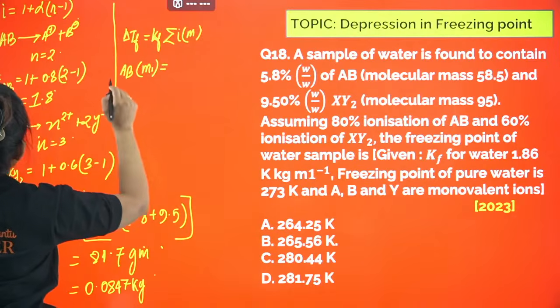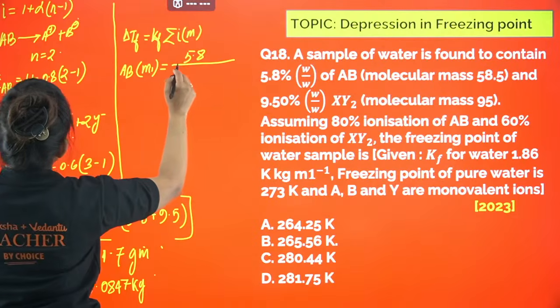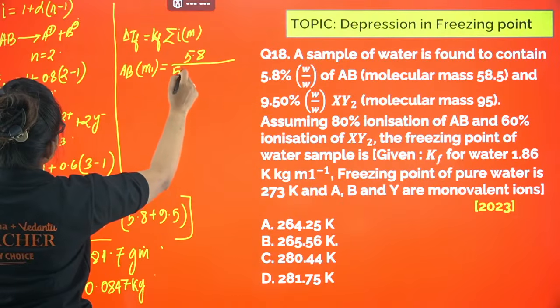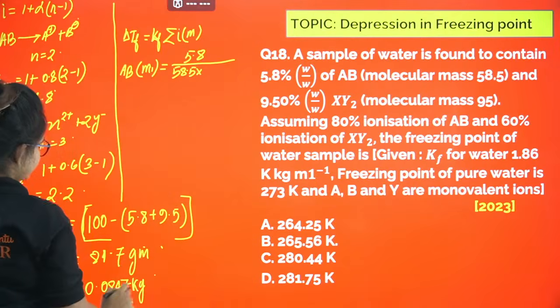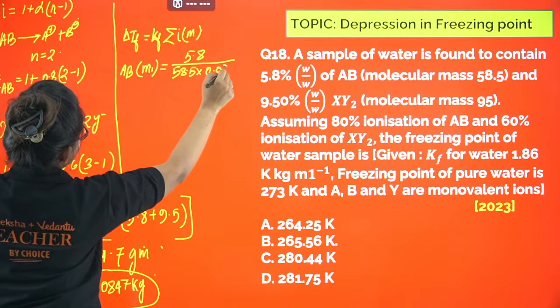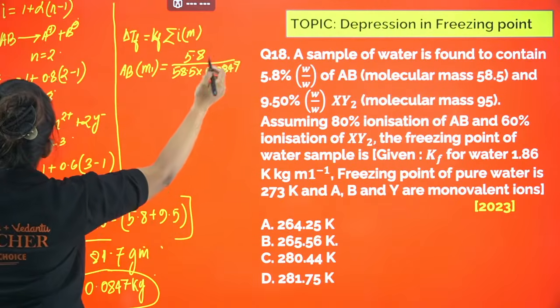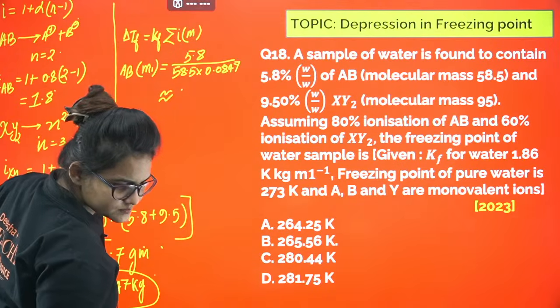Molality is given mass divided by molecular weight, 58.5, into weight of the solvent, that is 0.0847.